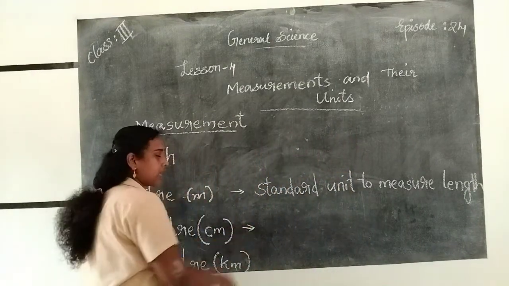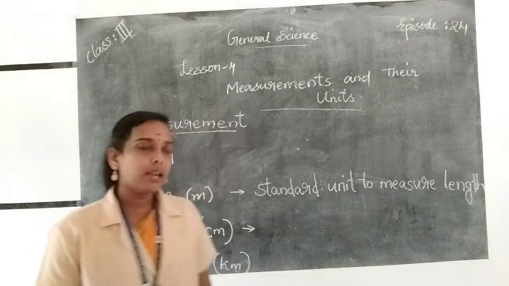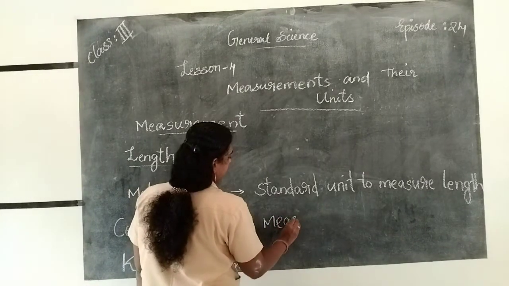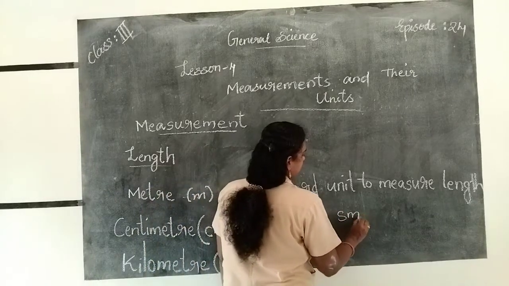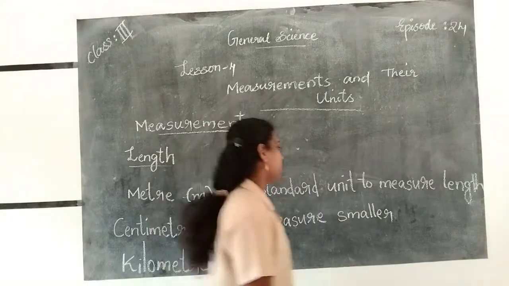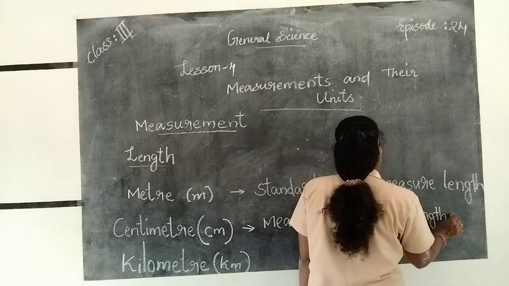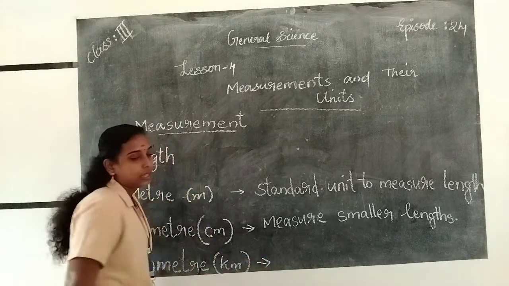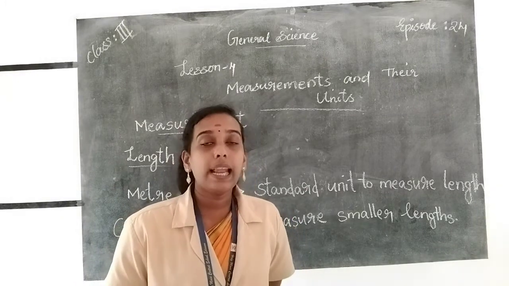And centimeter is the unit of length which is used to measure smaller lengths. To measure smaller lengths, we use centimeter. Then to measure larger distances, we use kilometer.